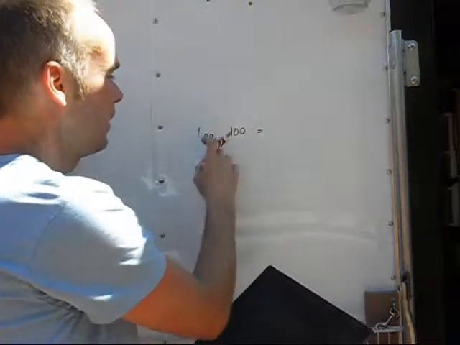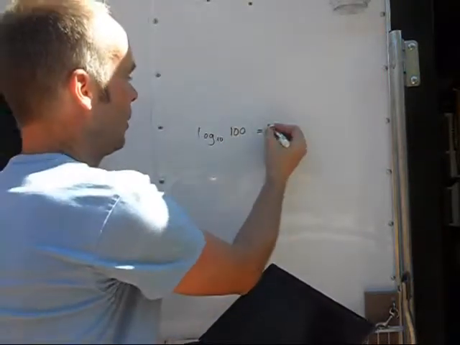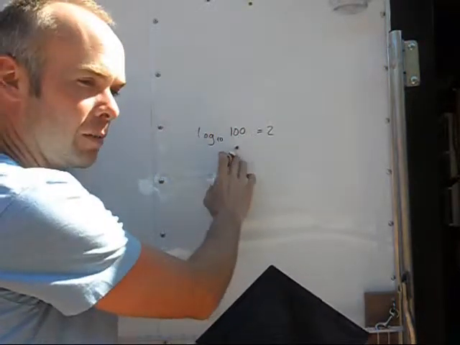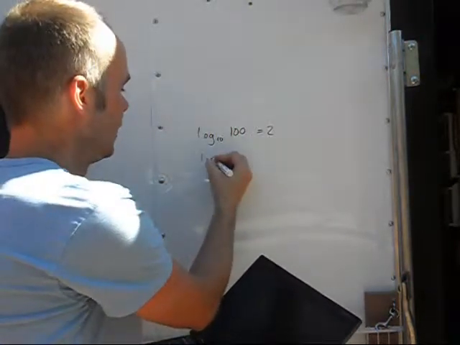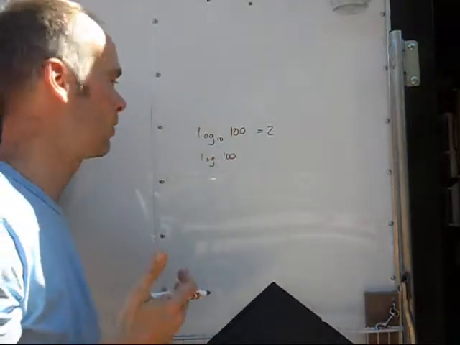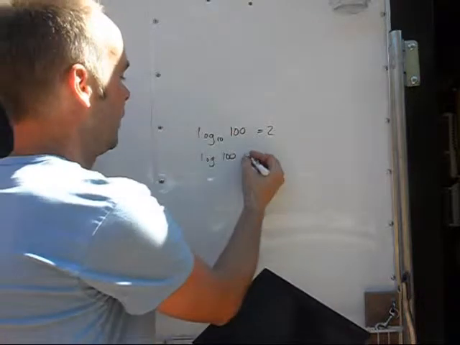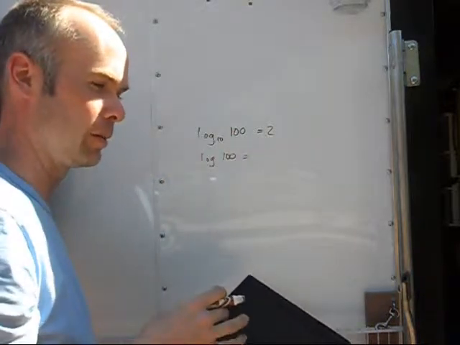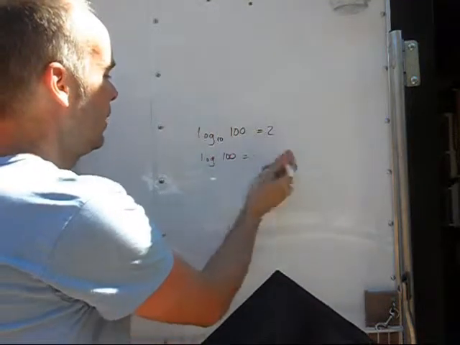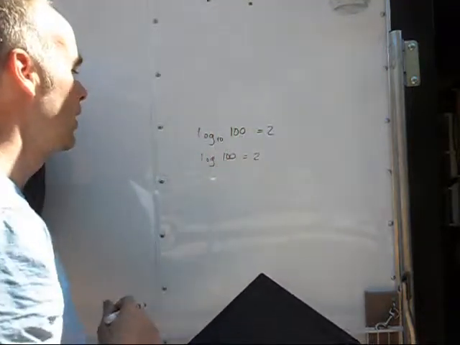So 10 raised to some power is 100, and that power is 2. You might see it written log base 10, or you might just see it written log 100, because the assumption is it's the common logarithm, which is base 10. Very rarely are you going to see a logarithm of something other than 10 or e. So log of 100 here is 2, same thing.